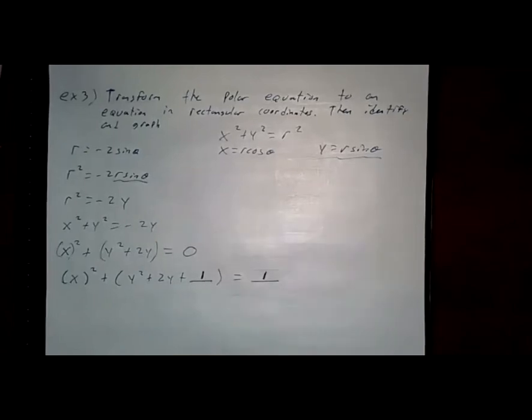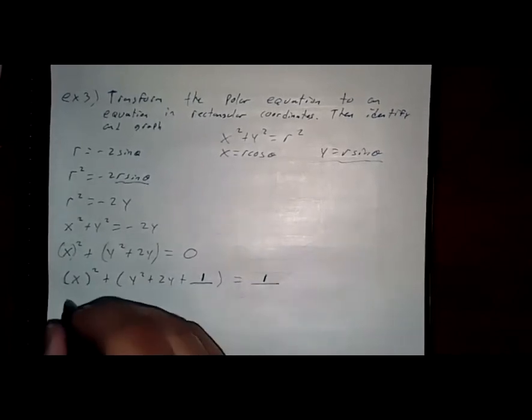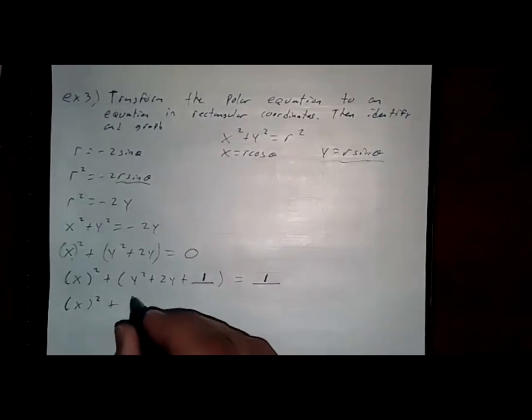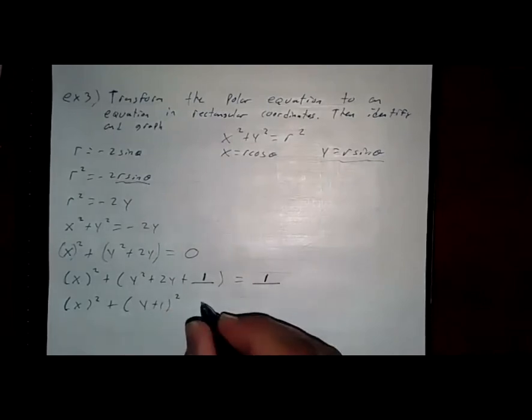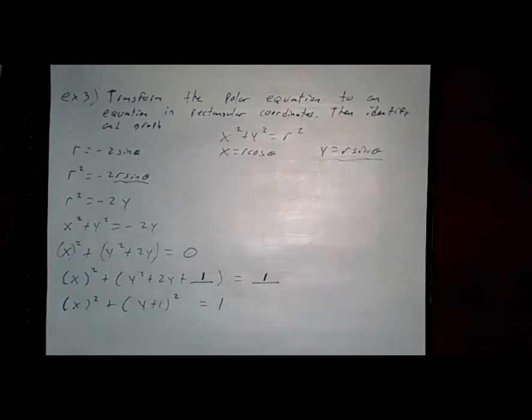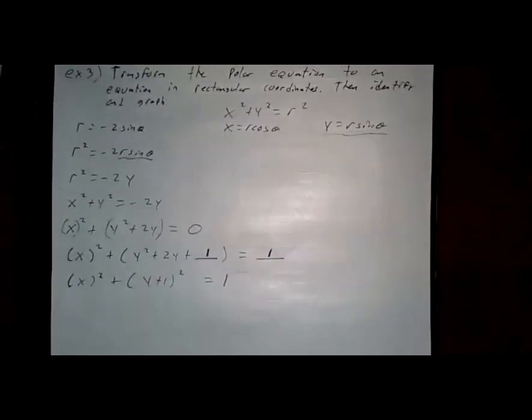Still 1, right? Now this will factor perfectly because it is a perfect square. The square has been completed. Then it will become y plus 1. Does it make a little more sense?